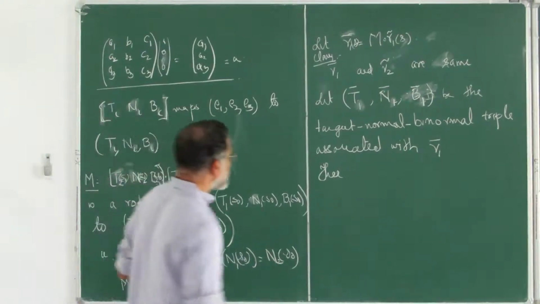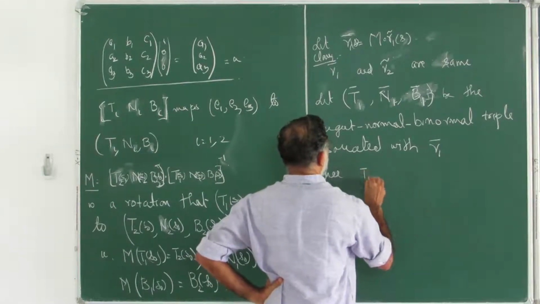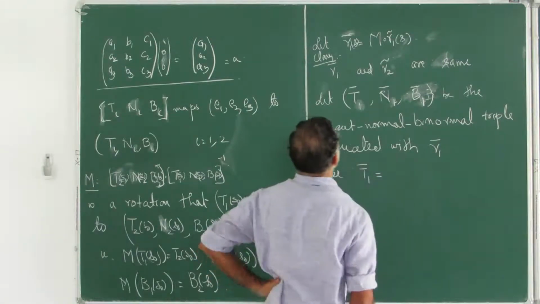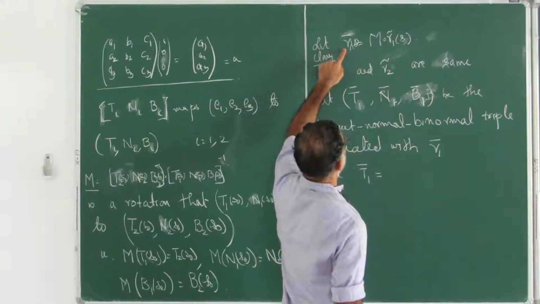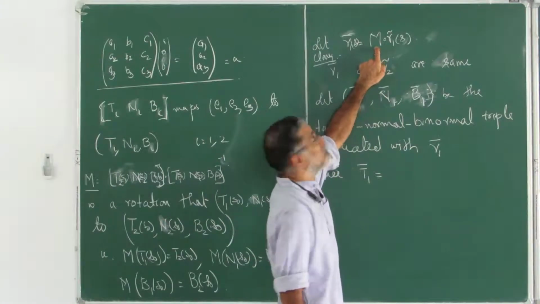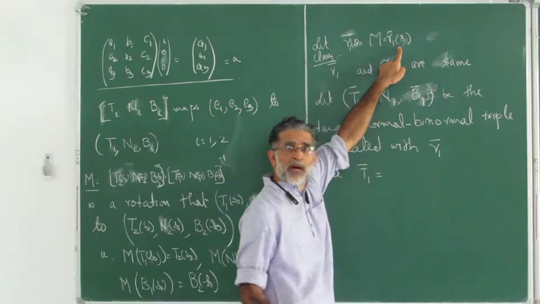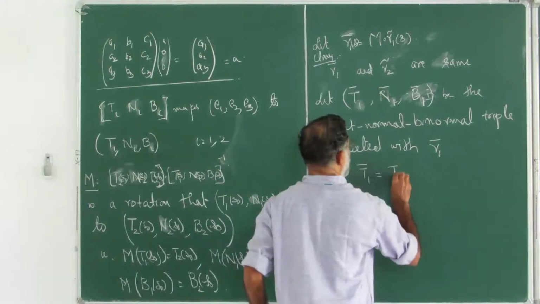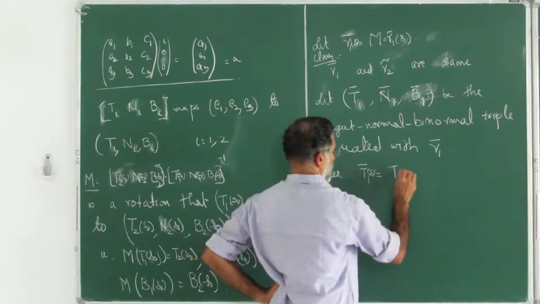Okay? So let's find out. That means T1 bar is the tangent of this. But M doesn't change the tangent, so it is the tangent of gamma 1 tilde itself, which is already the tangent of gamma 1. So this is equal to T1 at all the points, by the way.